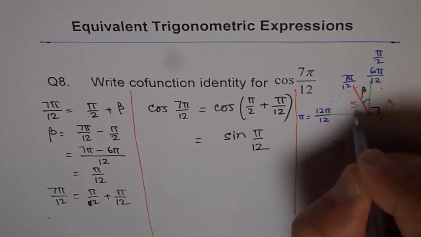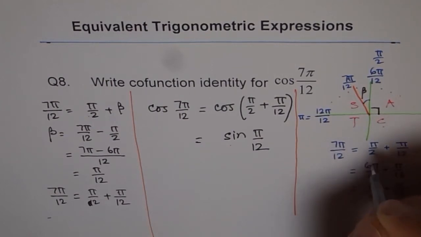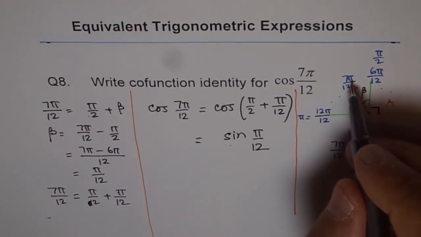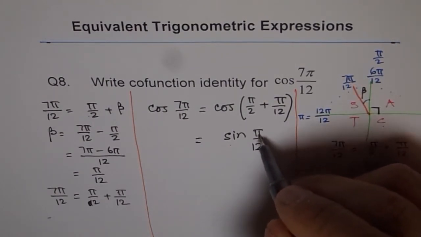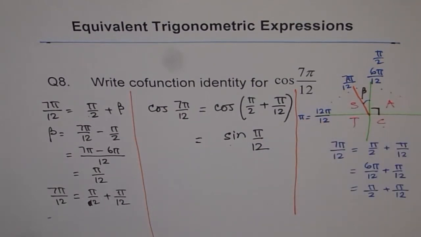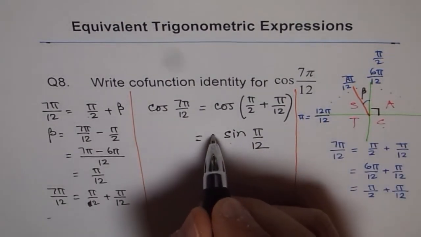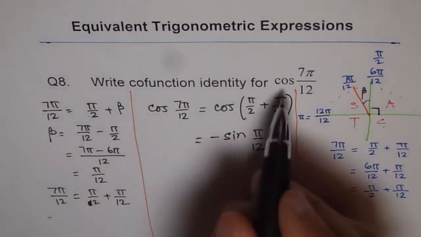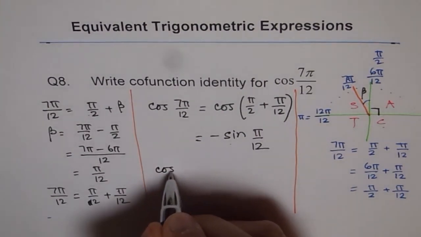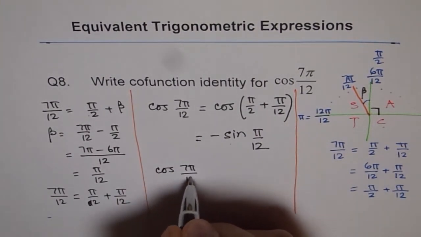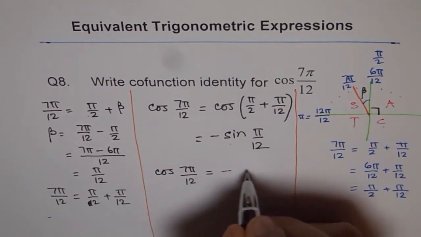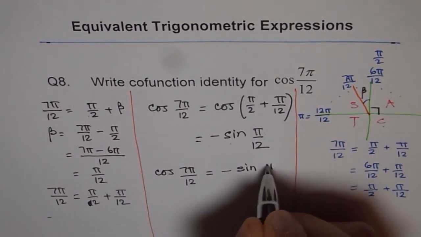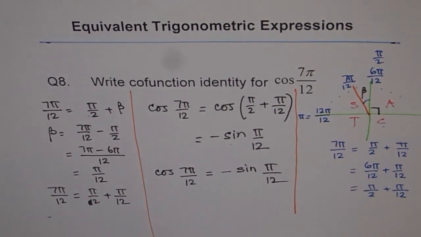CAST rule says cos is positive only in the first quadrant. In this quadrant, cos is negative. But for an acute angle, sine will always give a positive answer, while this has to be negative. Therefore, this is equal to minus sine pi by 12. And so we get our cofunction identity: cos 7 pi by 12 is equal to minus sine pi by 12. That is our answer.